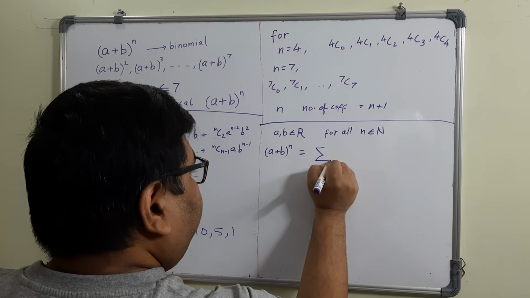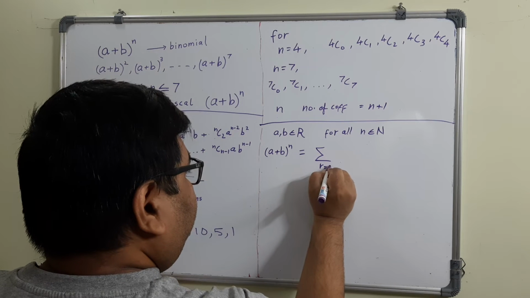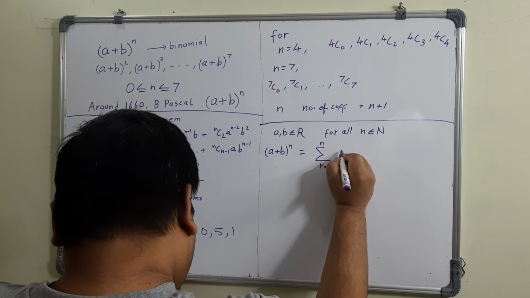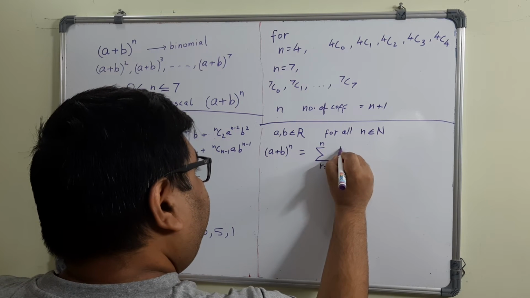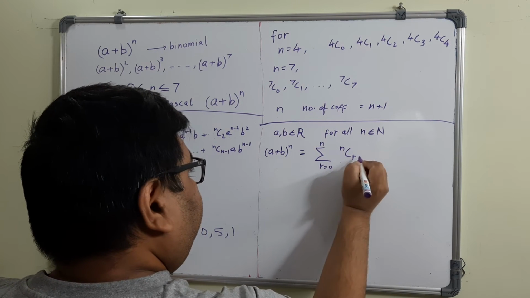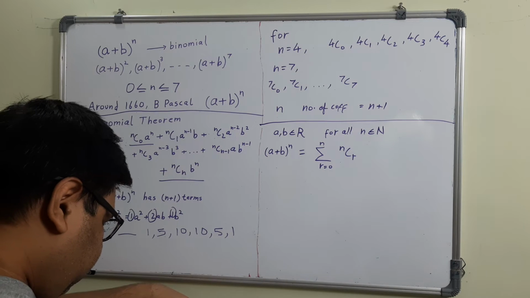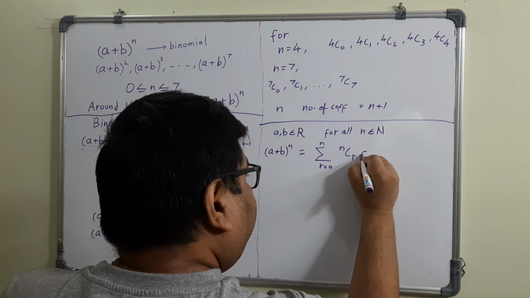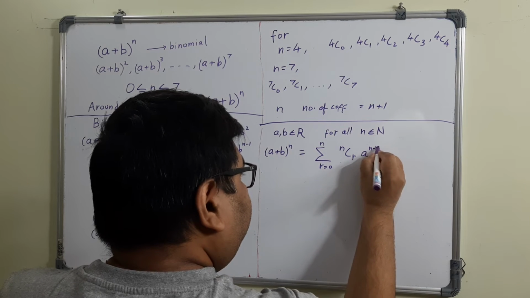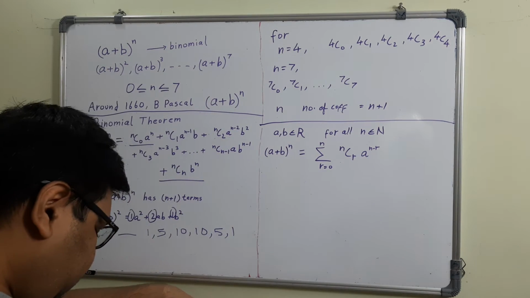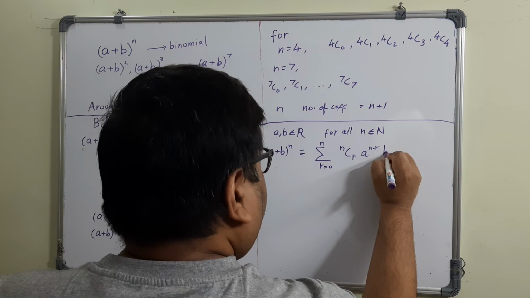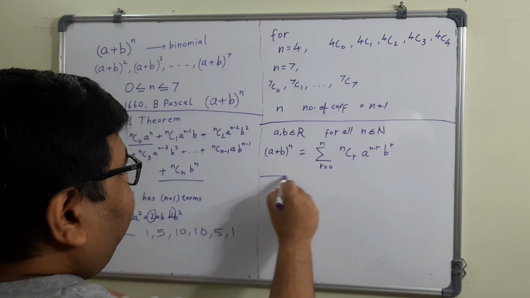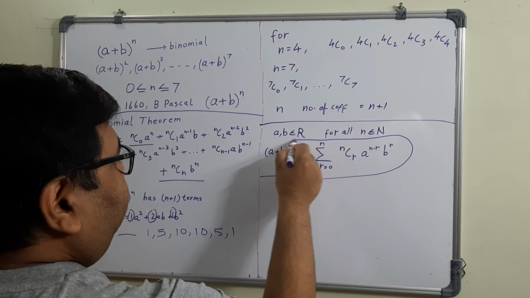summation r from 0 to n, nCr a to the power n minus r, b to the power r. So this is the binomial theorem.